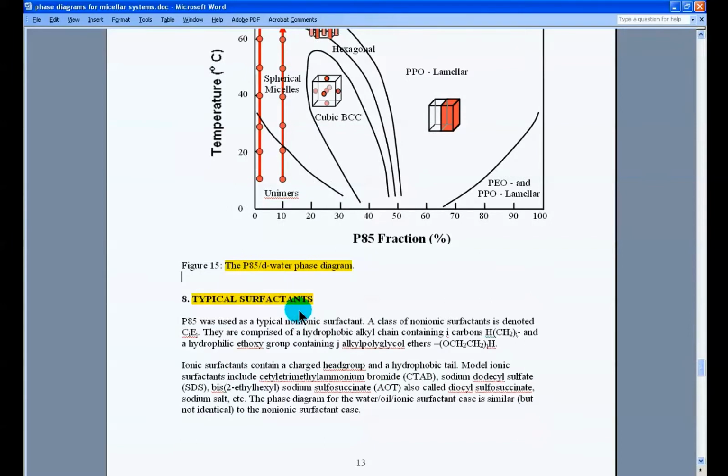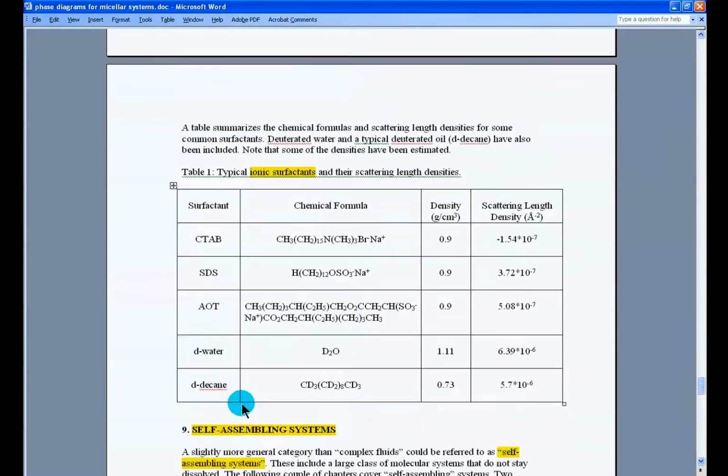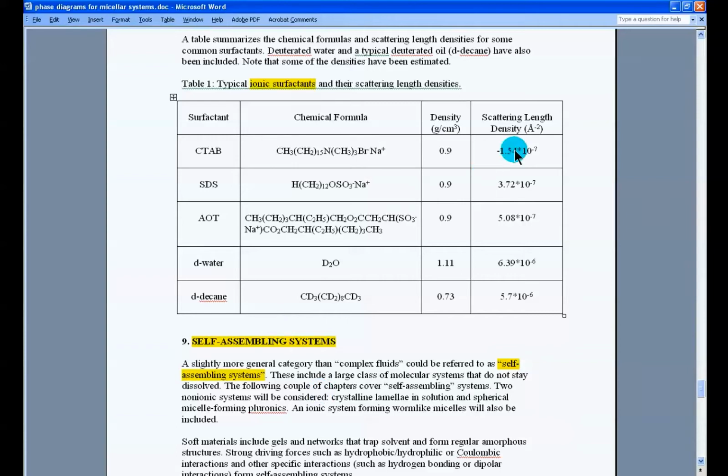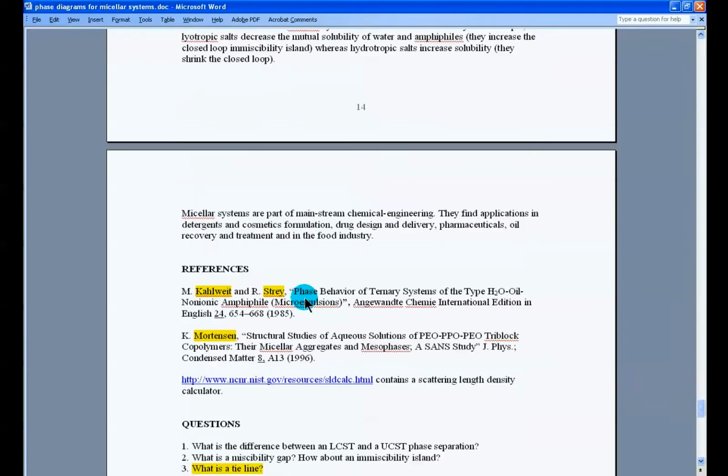Here we are just including typical surfactants like CTAB, SDS, AOT, as well as scattering densities for water and decane, just to compare. So these complex fluids could be referred to as self-assembling systems. In other words, they self-assemble to form micelles or other structures. These are the main references: Gelbart and Ben-Shaul for the phase diagram, and Mortensen for the P85 phase diagram.